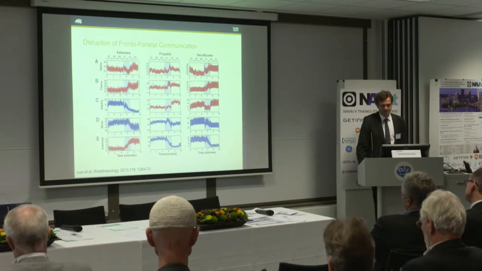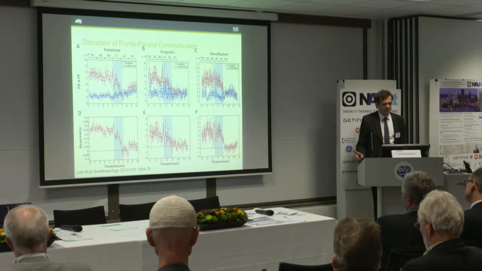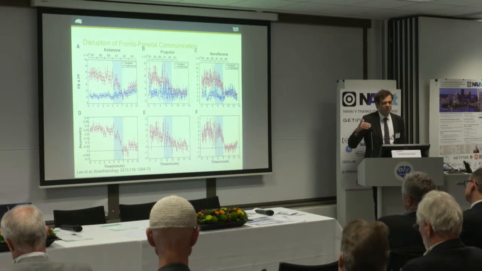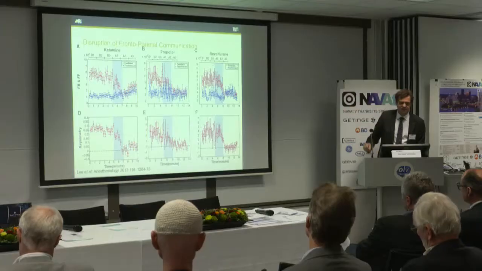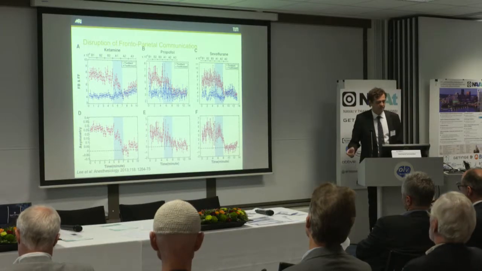And the interesting part is, if you look at the frontoparietal communication and information transfer, the picture looks very, very similar. What you see at the top is feedback activity and feed-forward activity, feedback in red, feed-forward in blue.